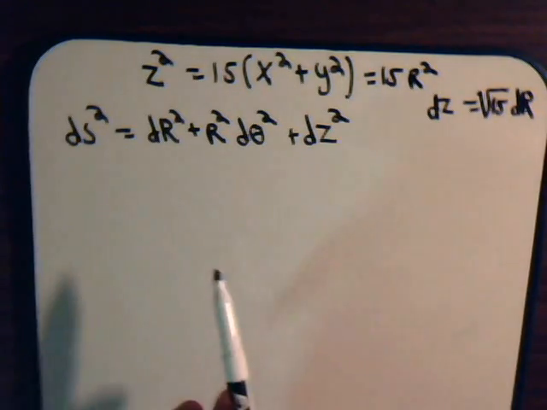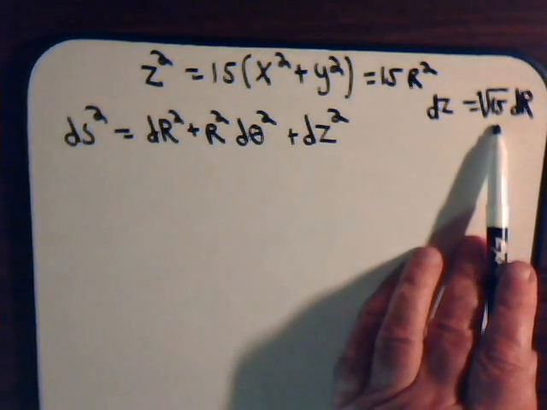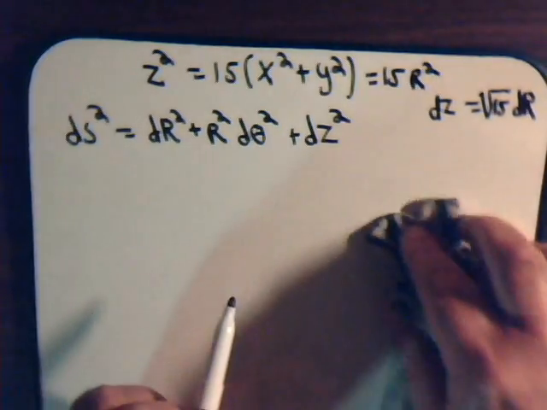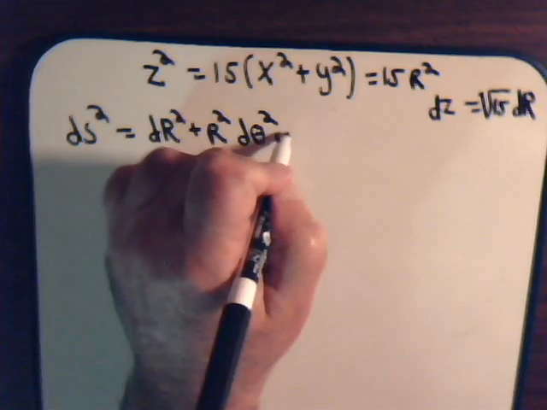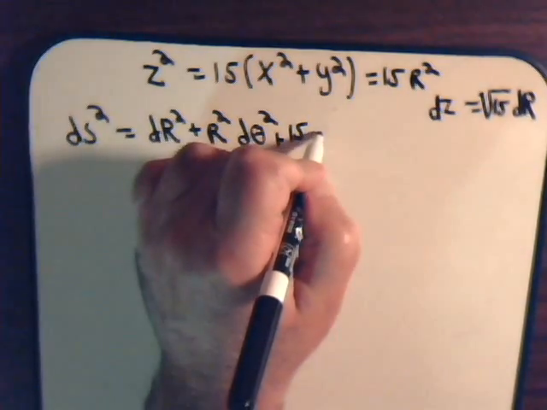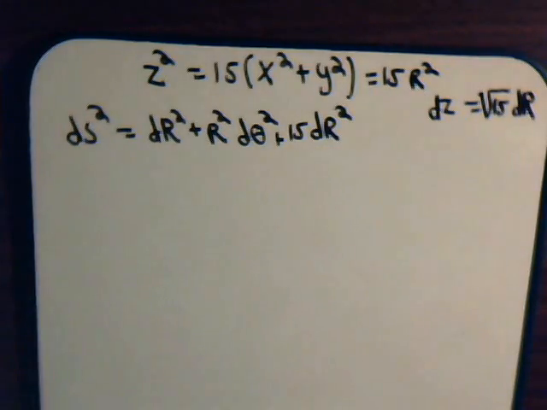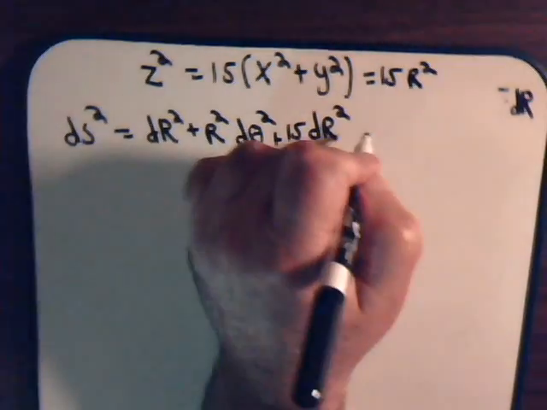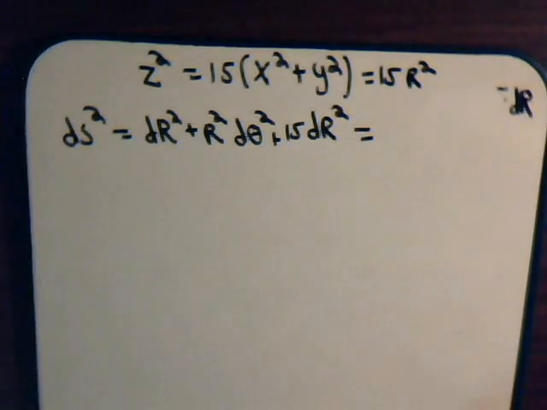Now here, for the arc length, for dz squared, we can put in 15 times dr squared. So let's put that into here, plus 15 dr squared. The arc length, for this problem, would have a general formula of dr squared plus 15 dr squared.